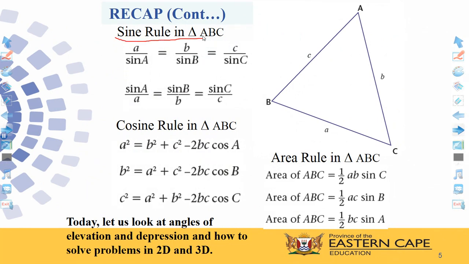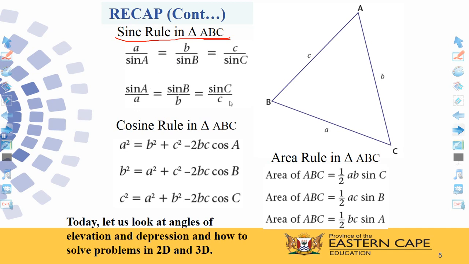For the sine rule, we said it is small a over sine capital A, small b over sine capital B, small c over sine capital C in triangle ABC. In other words, the length of a side divided by the sine of the angle opposite that side is equal to the length of another side divided by the sine of the angle opposite that particular side.